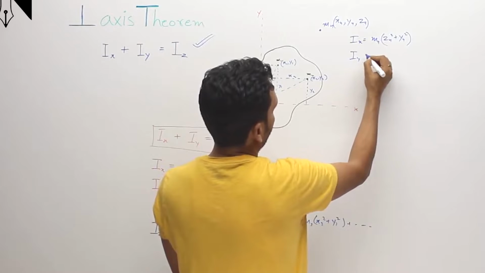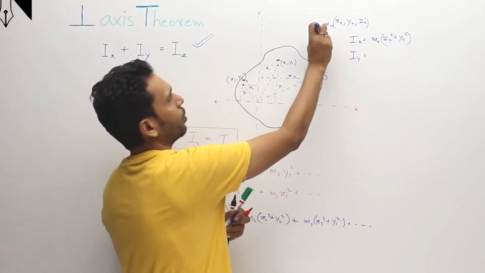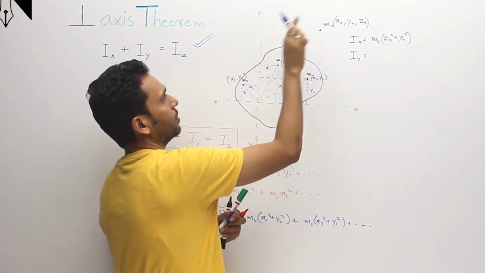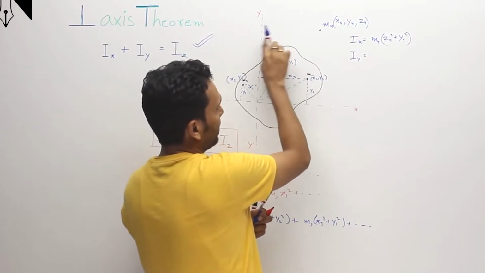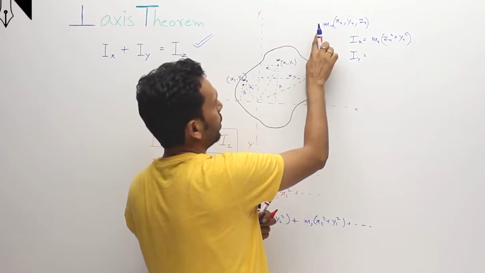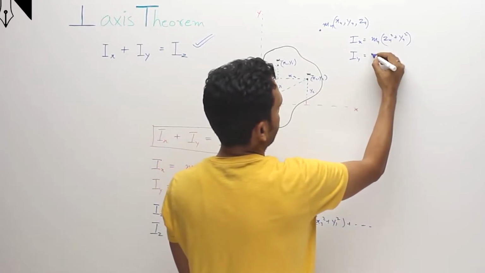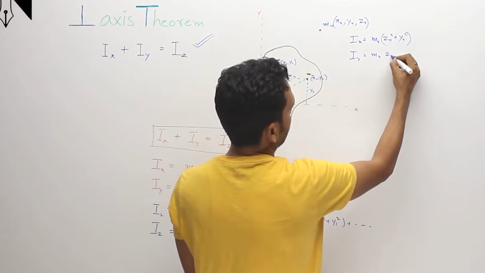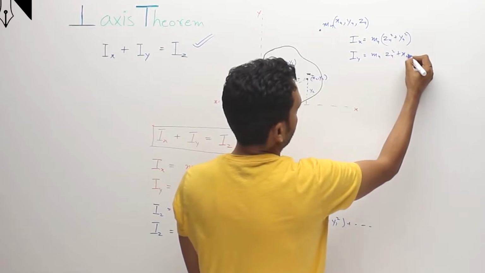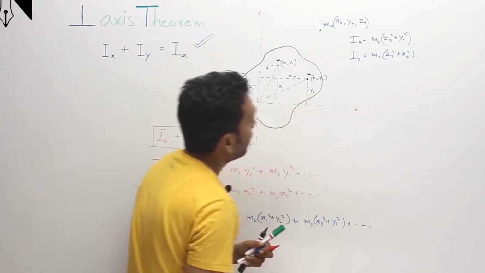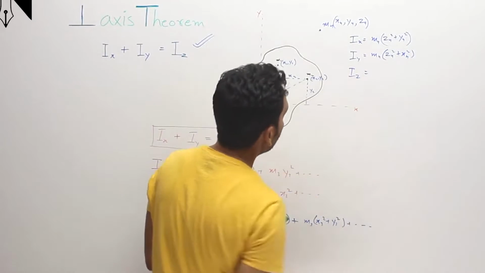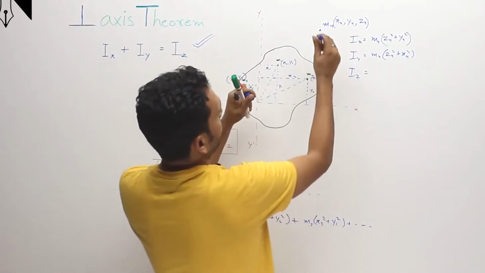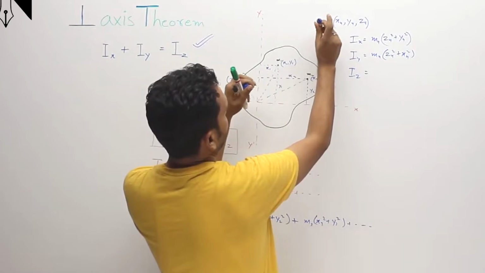Similarly, Iy will be the distance of the tip of the blue marker to the y-axis, which will be equal to this base length square, which is x4 square plus z4 square again. So m4 into z4 square plus x4 square. And what would be Iz? Iz would be the distance of the tip of the pen to the z-axis.